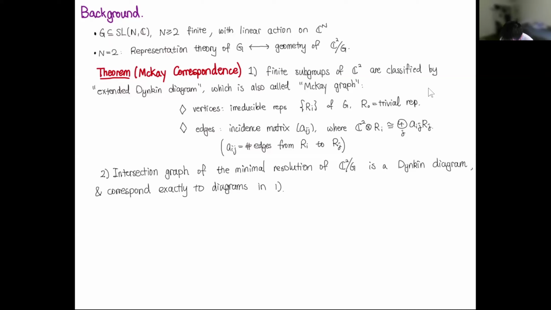And then we want to look at the quotient of C^n by the finite group G. We want to look at the geometry of this.